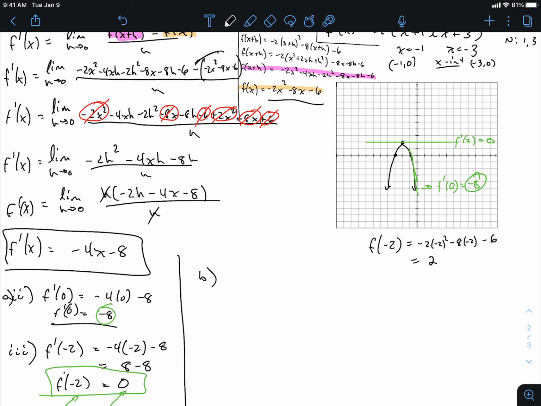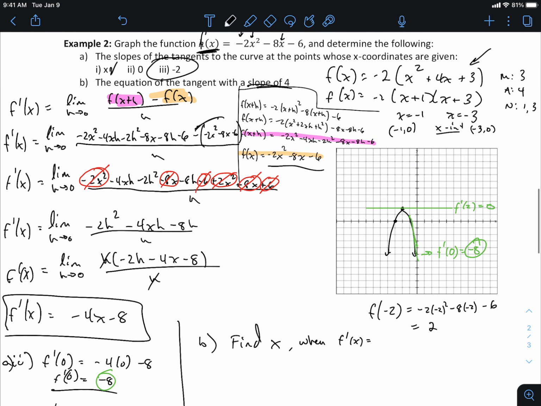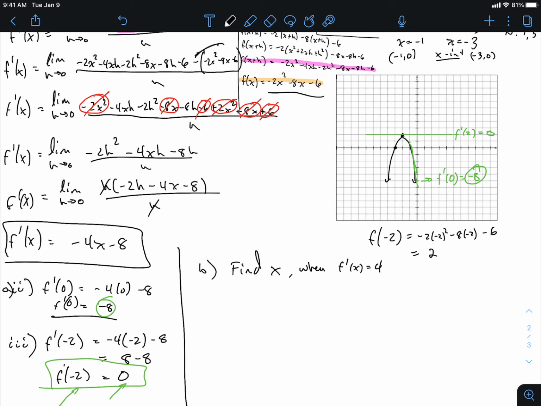So we want to find x when f prime of x is equal to 4. What does that mean? Well, let's write out our equation here. We have f prime of x is equal to -4x minus 8. It told us that the slope is 4, so 4 equals -4x minus 8.